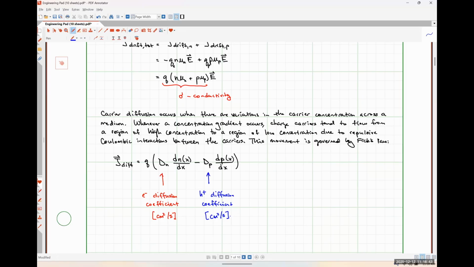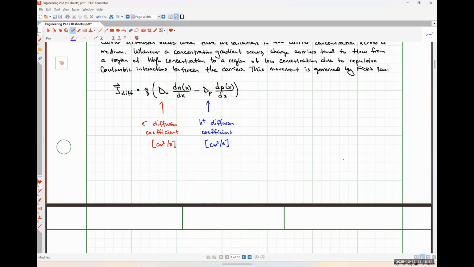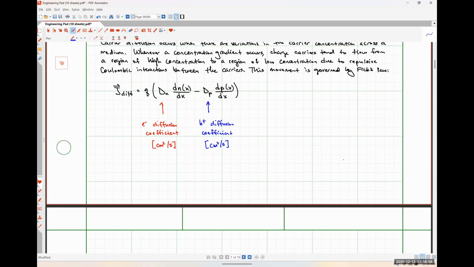Now, while drift and diffusion occur for very different reasons, the coefficients which quantify their effects are related to each other by what's called the Einstein relationship, okay?